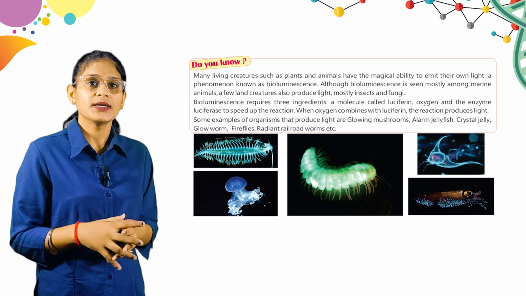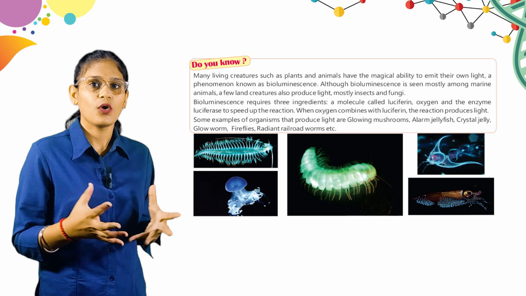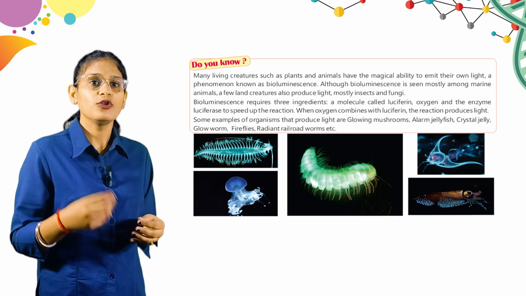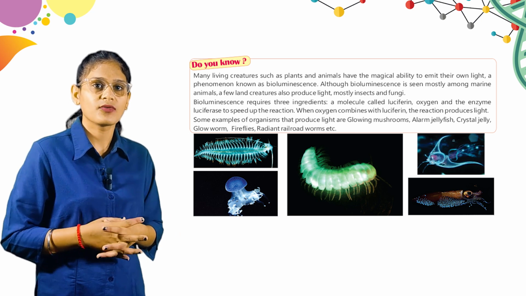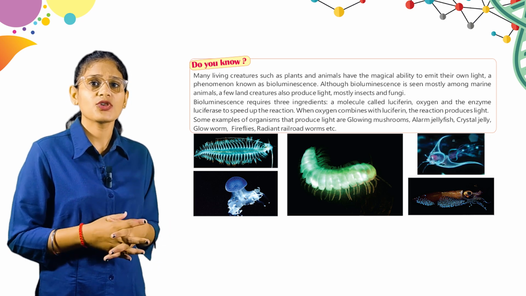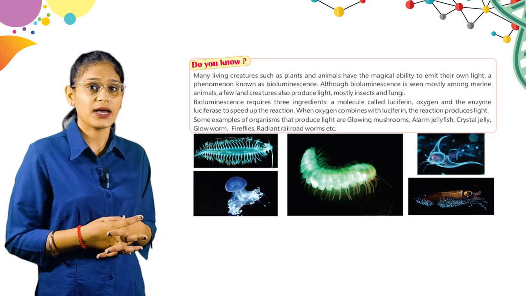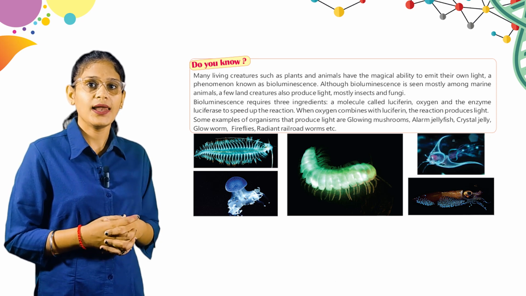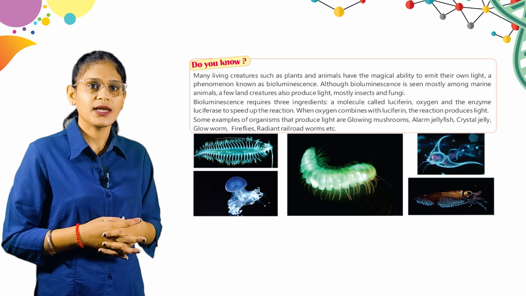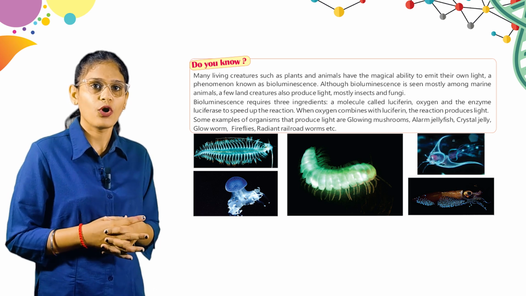Bioluminescence requires three ingredients: a molecule called luciferin, oxygen and an enzyme, luciferase, to speed up the reaction. When oxygen combines with luciferin, the reaction produces light. Some examples of organisms that produce light are glowing mushrooms, alarm jellyfish, crystal jelly, glowworm, fireflies, radiant railroad worms, etc.